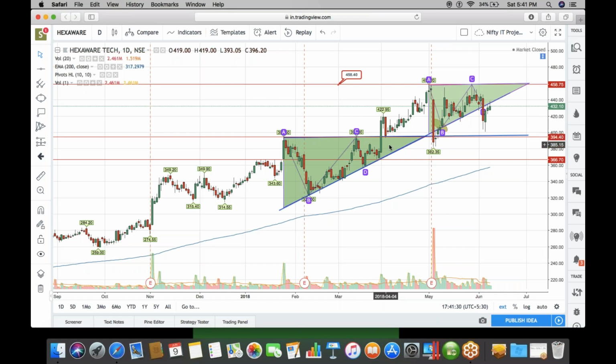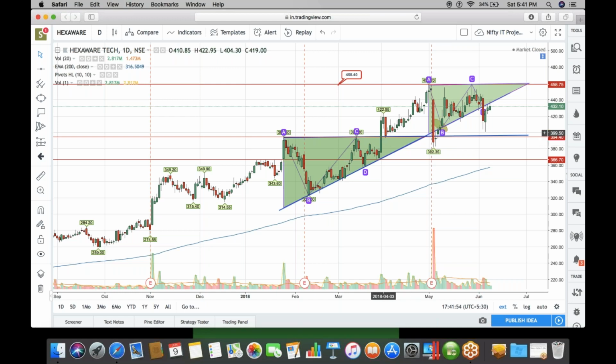There will be a breakout, then again prices will come back. So we have to be very cautious. We have to take confirmation from other indicators. Herein, whenever I discuss indicators, there's an asterisk. Indicator means not only price volume indicators, but how the market is behaving.